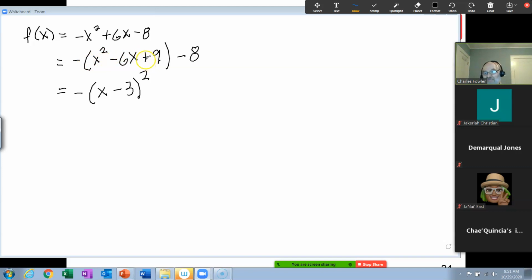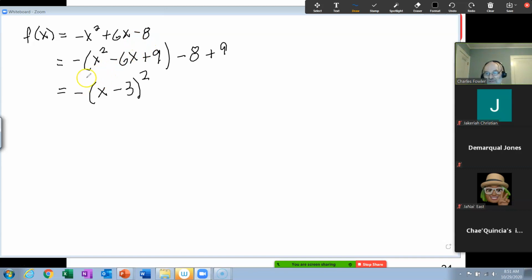Well, to keep it the same function, you have to add the 9 back here. Now, if you went through this, you would see you still have the same function you started with. Minus x squared plus 6x minus 9 plus 9 is 0, minus 8. Yep, you're at the same place you were before.